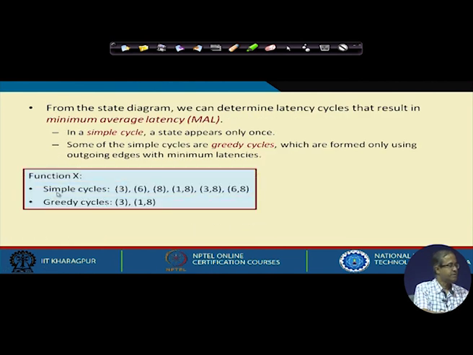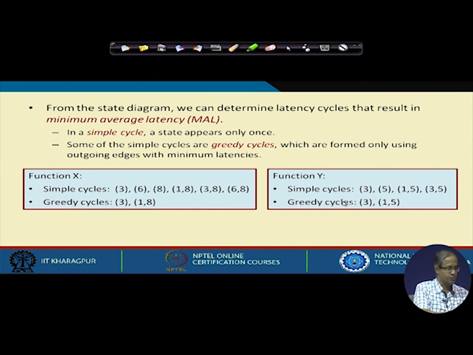So, these are the simple cycles for function x, all possible simple cycles where the numbers are not repeated. Out of them there are 2 greedy cycles. Similarly, for the function y there are 4 simple cycles and 2 greedy cycles. And for both cases, if you only look at the greedy cycles, the minimum average latency or MAL is 3 in both cases, and 1 5 average is also 3.